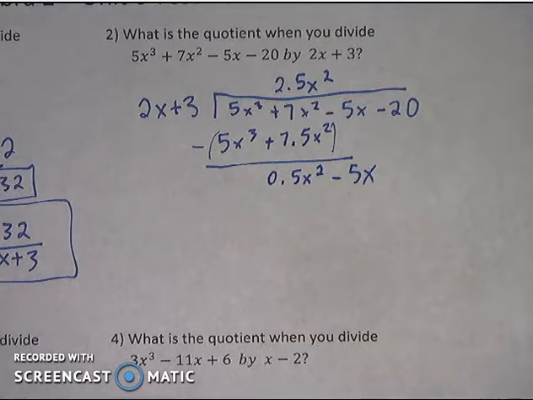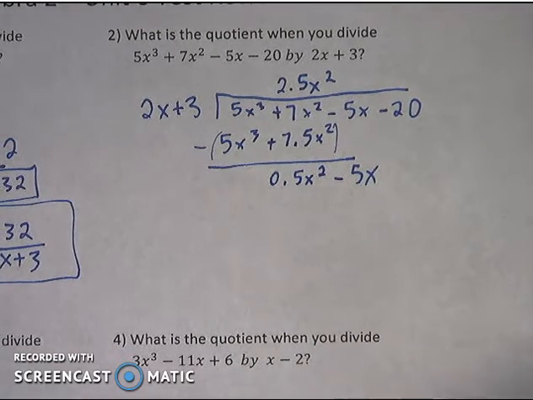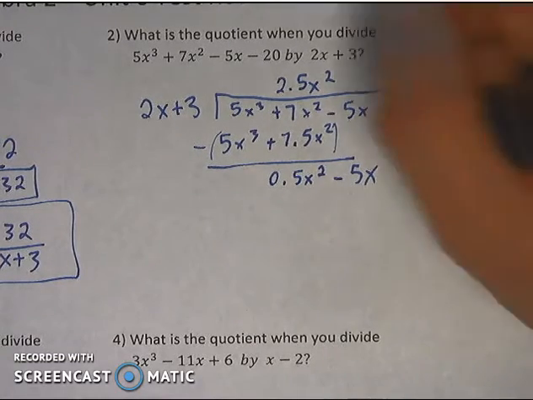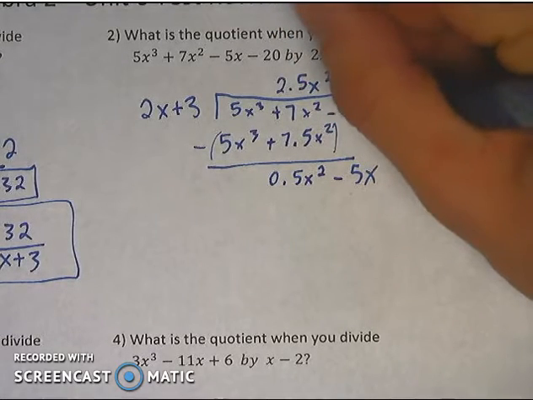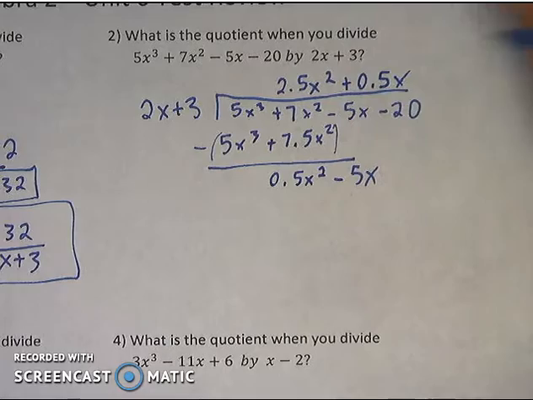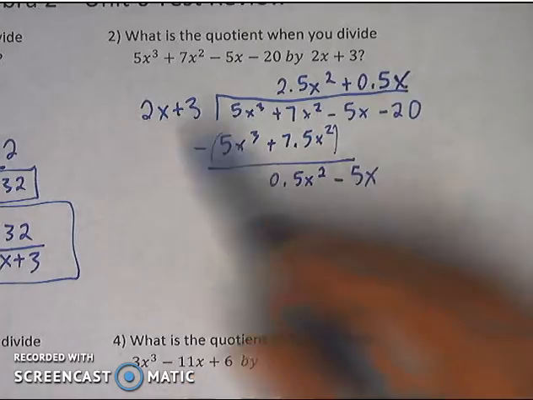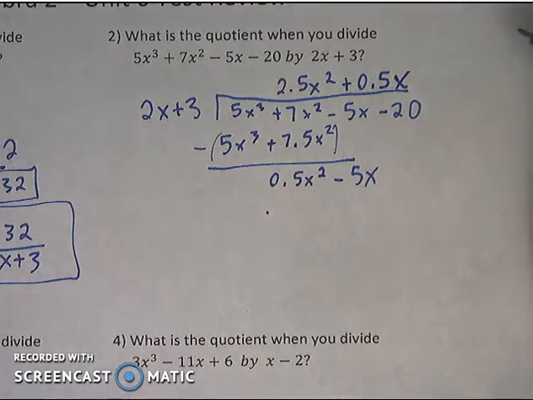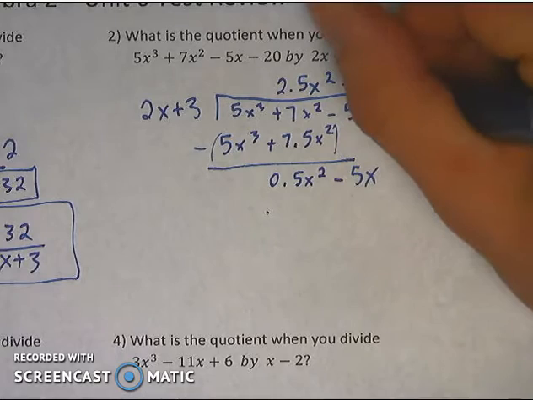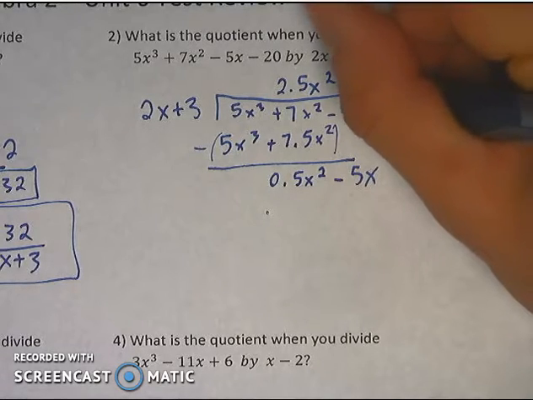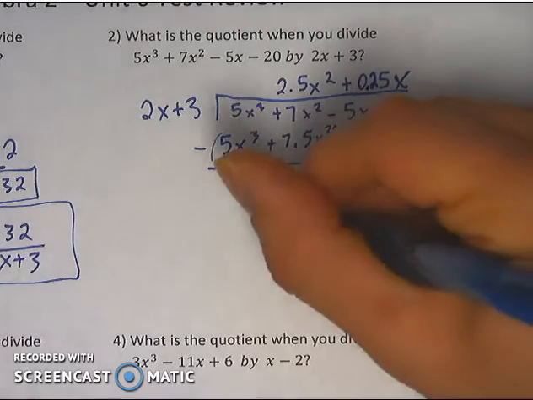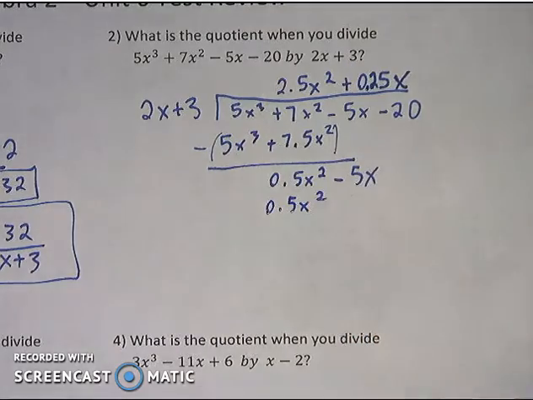And now I'm asking myself the question, how do I turn a 2x into a 0.5x squared? Well, 2 divided by 4 is 0.5, so up here this is going to be a positive 0.25x. So 0.25 times 2 is 0.5x squared.